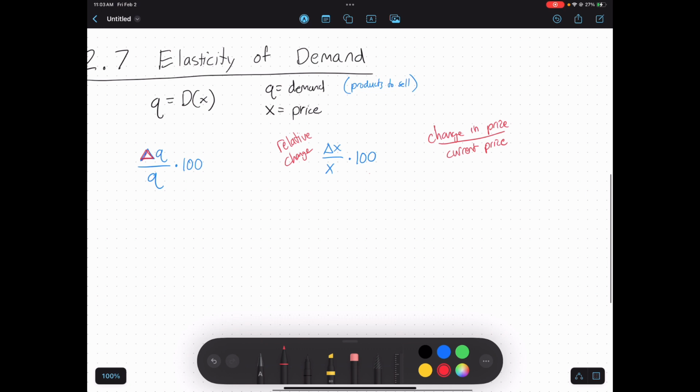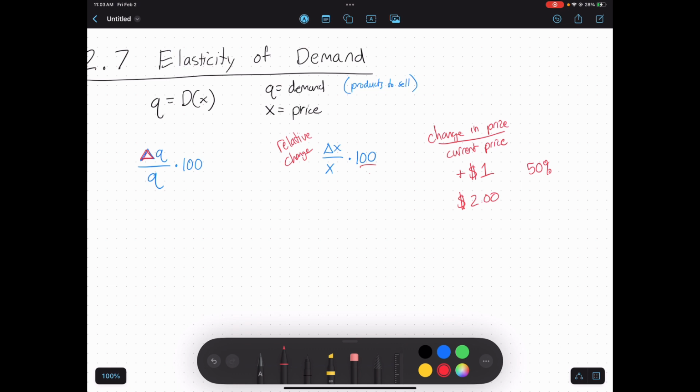For example, if I change the price by $1, so I'm upping the price by $1, but my current price is $2, well, this formula right here is going to tell me this is a 50% increase. If you're curious about the 100, that's me converting into a percentage. So this is a 50% increase.